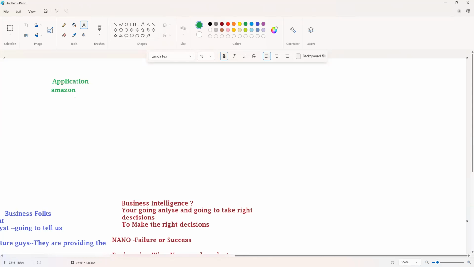Once you buy on this Amazon application, what information are they going to store? They are going to store everything about you. First is your customer ID. Then what is the next information? Your address, phone number, mail ID. And what is the item you purchased?